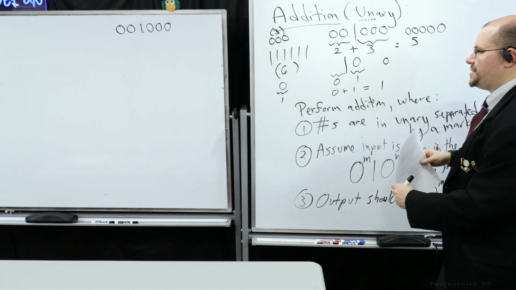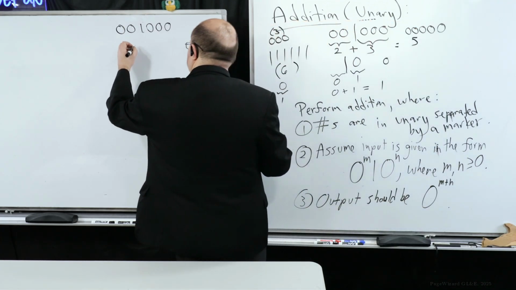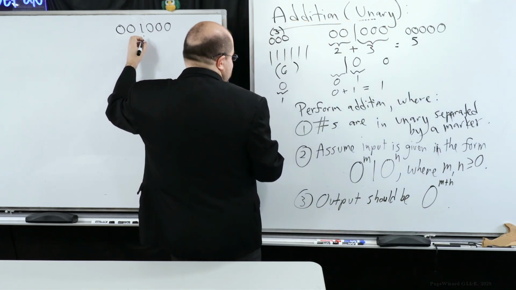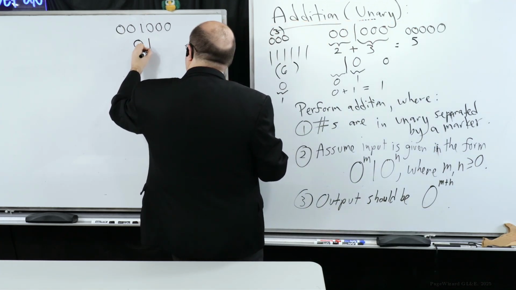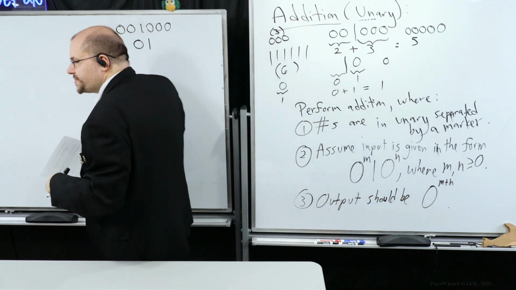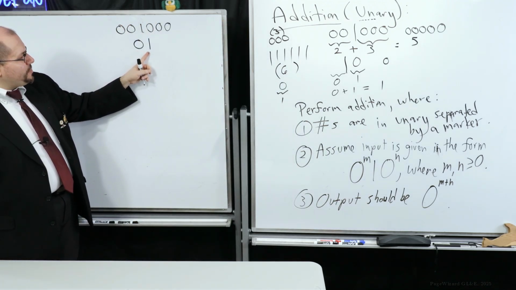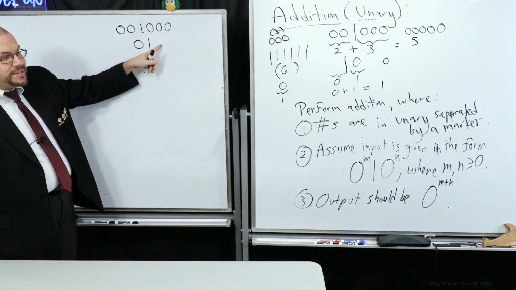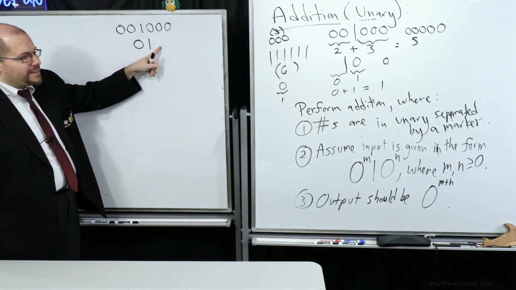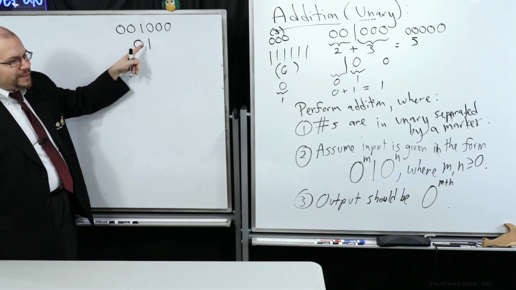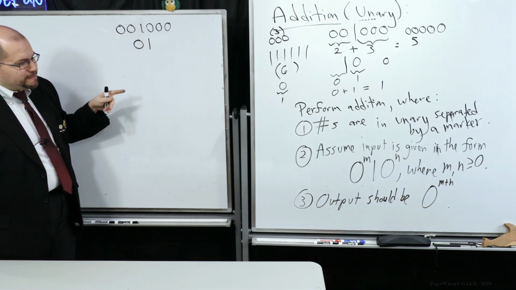Let's see what this would look like. So this would be like if it was 0, 1 like this. Well, I would go look past the separator and I'll go find a 0, but I won't find a 0. Well, that's a problem, right? I can't do that. So this idea would fail. So I can't use that approach.